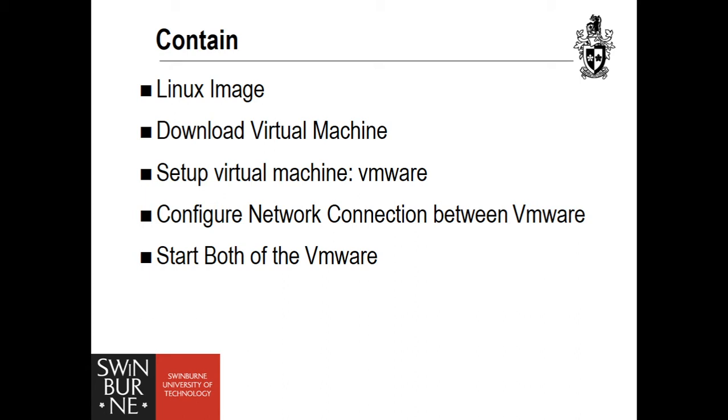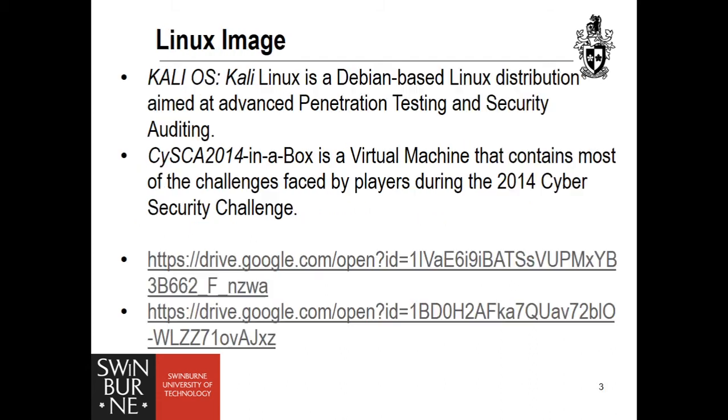Because in this lab session we want both of the virtual machines to communicate among them. Here we will also apply internal network connection, and then finally we can start both of the virtual machines.